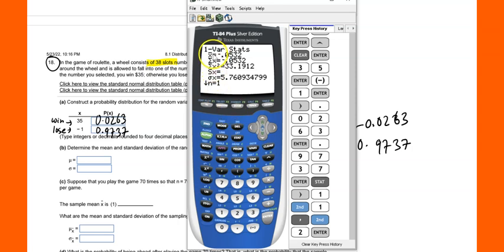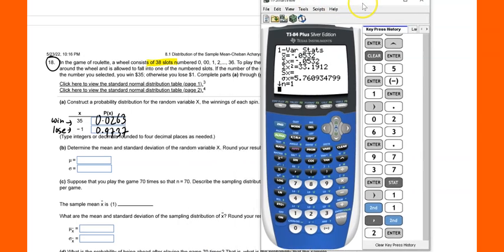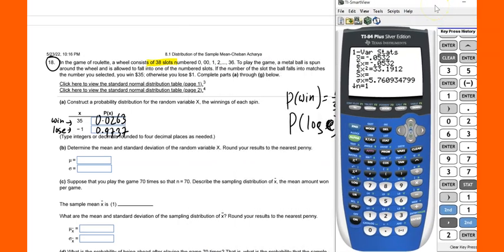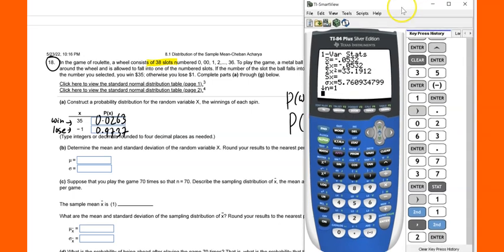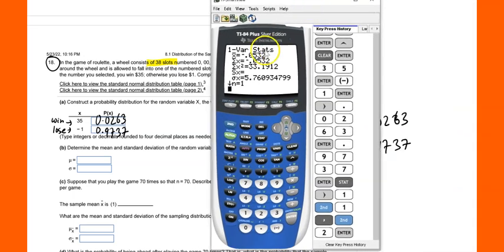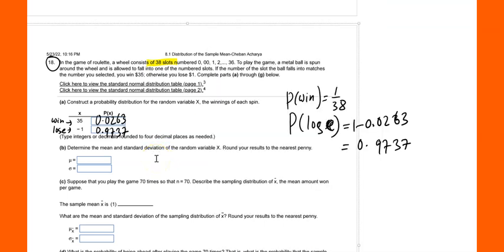You get x bar, which is the mean, -0.0523. Okay, the question says rounded to the nearest penny. That means negative 0.05, that's the mean.